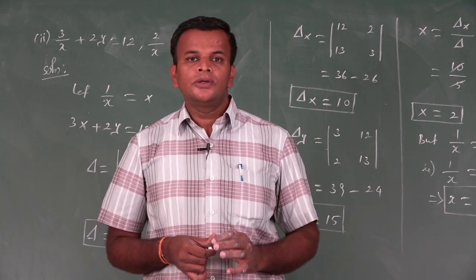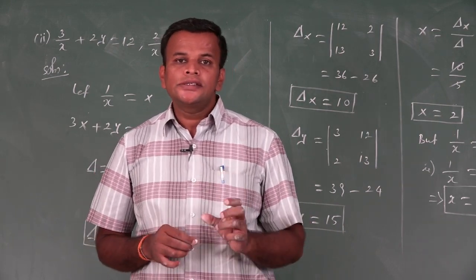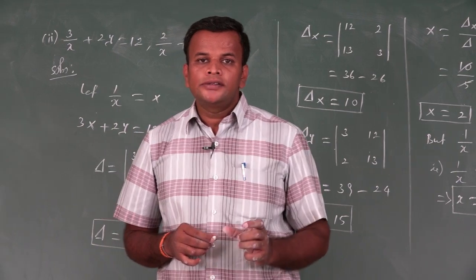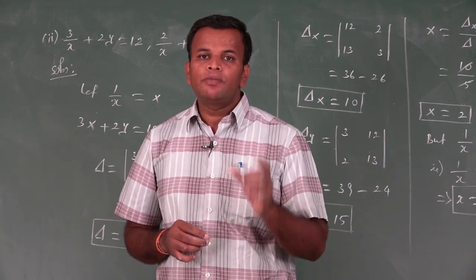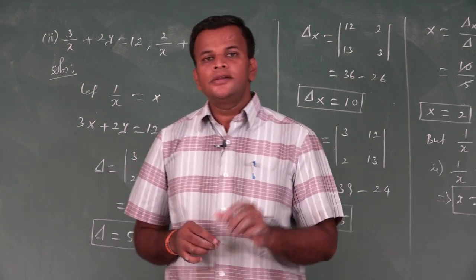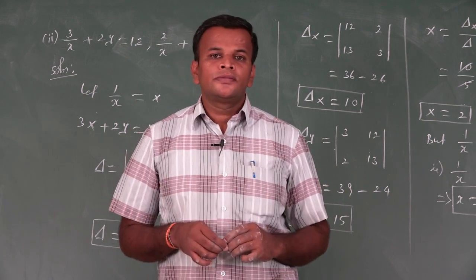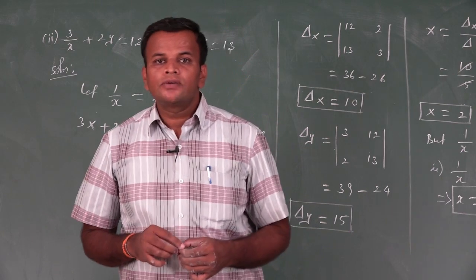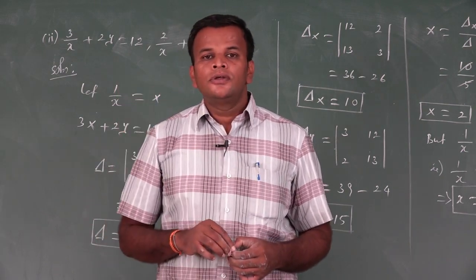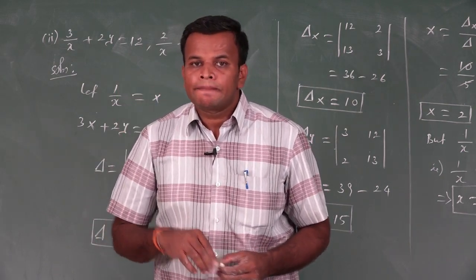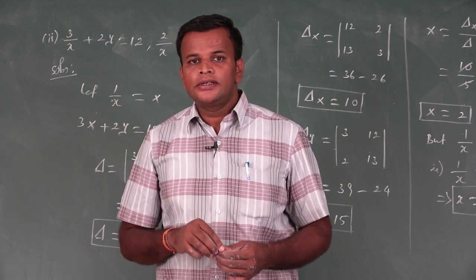In Cramer's rule, the formula to calculate x is del x by del. The formula of y is del y by del. How to calculate del x, del y? All are involving determinants. In del, the coefficients of x and y lie in the first row. Coefficients of x and y in the second equation lie in the second row.